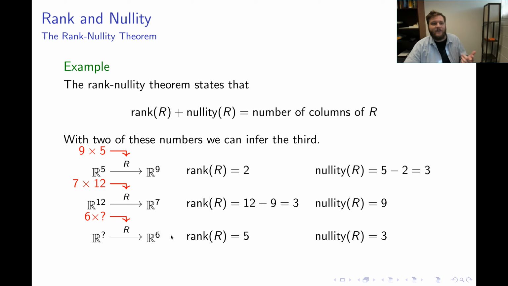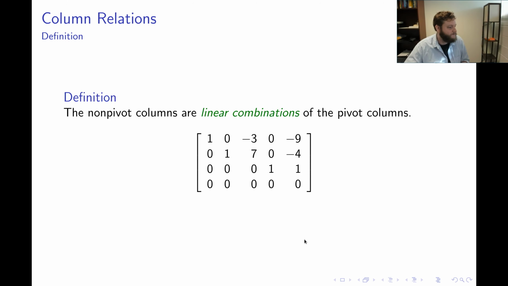That's okay, because I know that the rank plus the nullity always equals the number of columns. The rank is 5 and the nullity is 3, so 5 plus 3 is 8. That's telling me that the number of columns here, in order for this data to make sense, has to equal 8. So the power of the rank-nullity theorem is that if you're missing one of these 3 pieces of information, the rank-nullity theorem allows you to recover that missing piece of information.